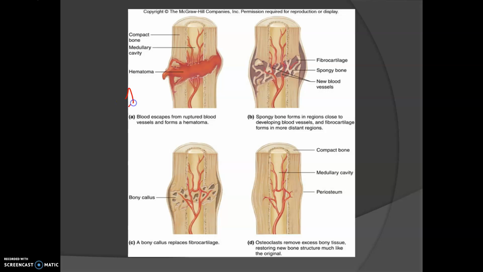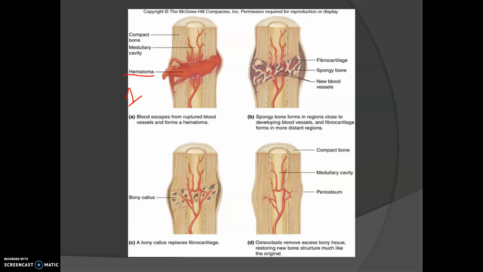Okay, so let's take a look at the healing process of these bones. So our first process here: once that bone breaks, we're also breaking the blood vessels that run in that medullary cavity. So we're going to see a release of blood into that space, which we call a hematoma. Okay, so we'll see that break, we see this hematoma form.